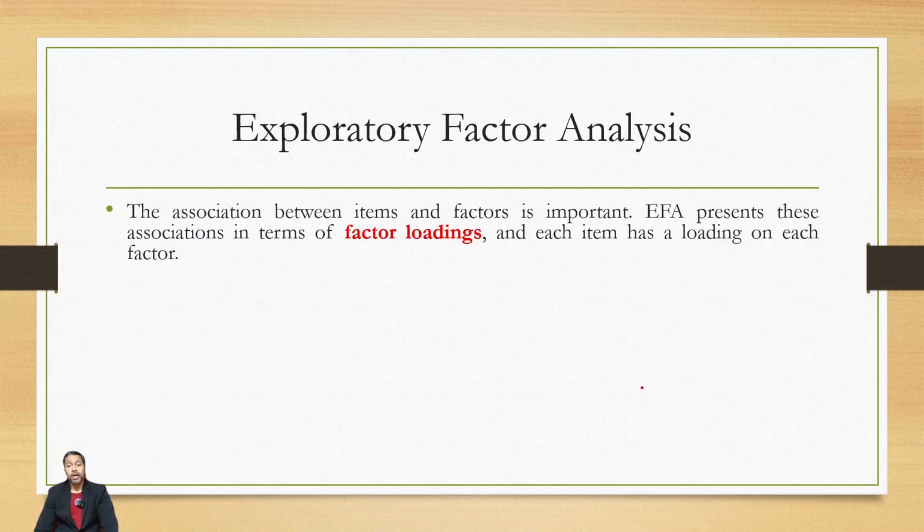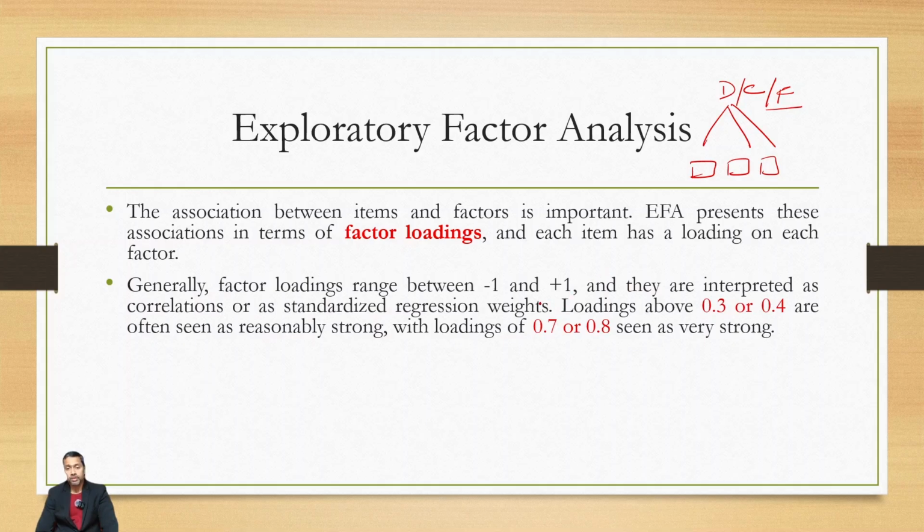The association between items and factors is important here. So items are item 1, item 2, item 3, and this is your dimension or your construct or your factor. EFA represents these associations in terms of factor loadings, and each item has a loading on each factor.